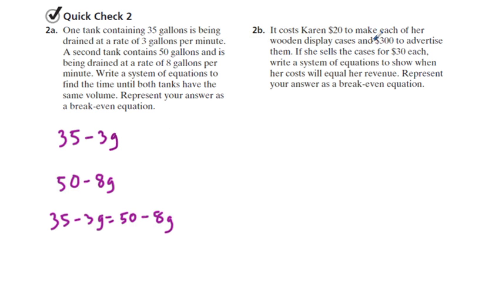Next, 2B. It costs Karen $20 to make each of her wooden display cases and $300 to advertise. She sells the cases for $30 each. Write a system of equations to show when her cost will equal her revenue. So we have our cost equation.